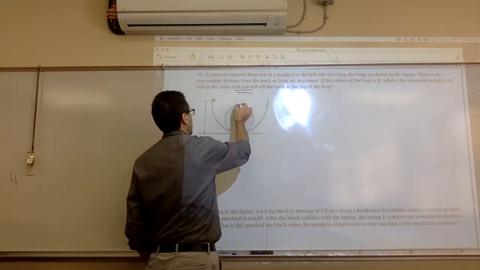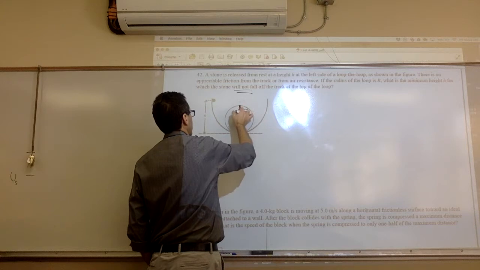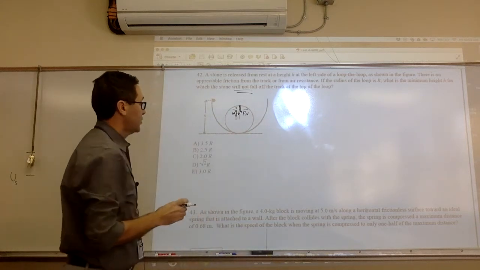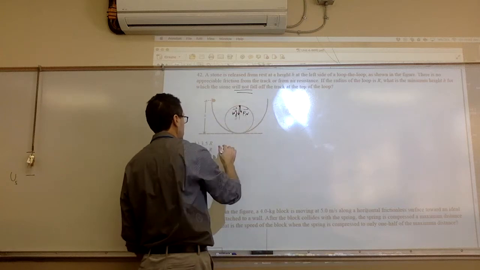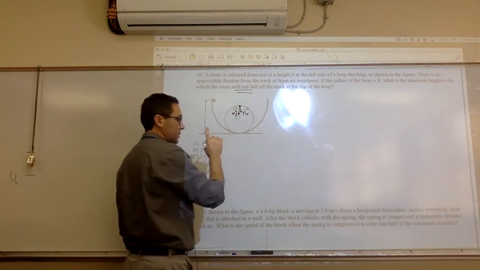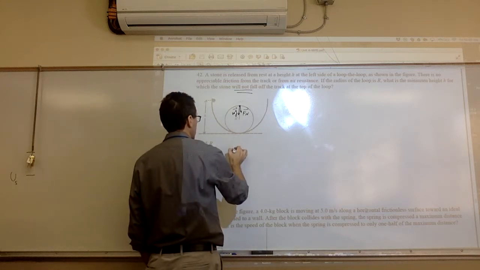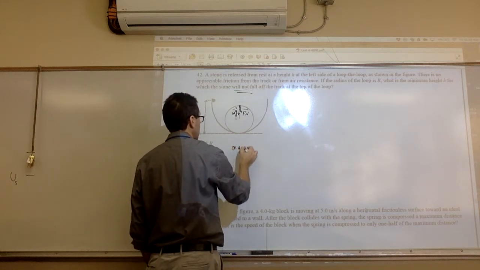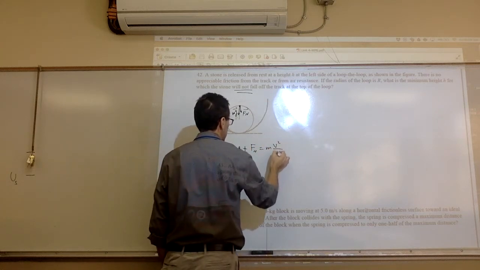Okay, so this is on the inside, so the forces are Fn and mg. Now, in order for it to fall, Fn has to be 0. So now let's write Newton's second law for circular motion. So mg plus Fn is mv squared over r.